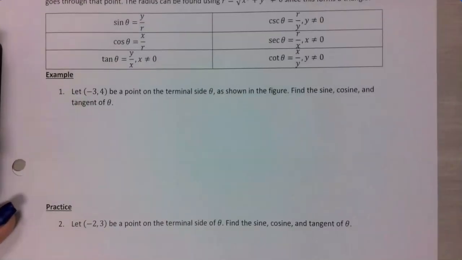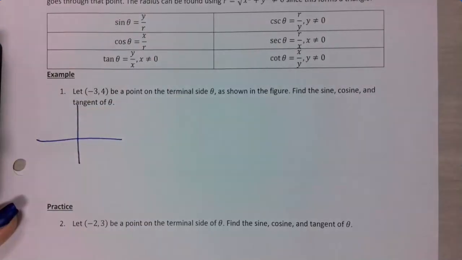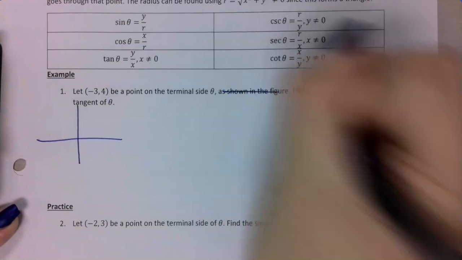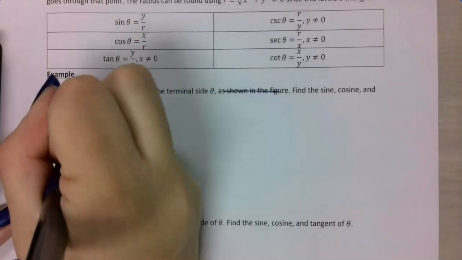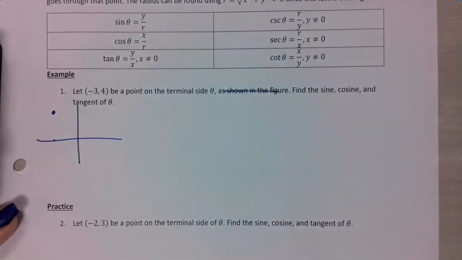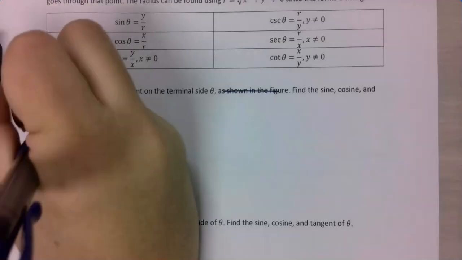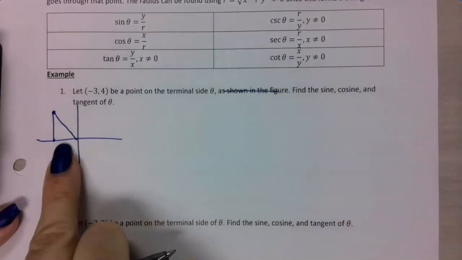Number 1 says let negative 3, 4 be a point on the terminal side of theta. I don't know why it says that's shown in the figure. There's no figure. I'm going to draw this. So negative 3, 4 is right here. If I draw a triangle out like this, what is my side length right here?